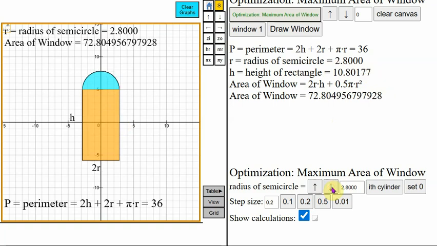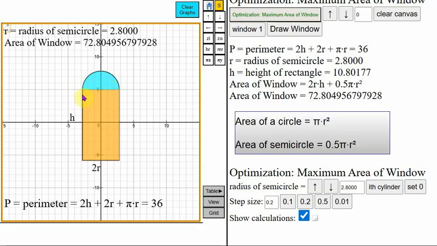Now let's change the radius. When the radius is 2.8, then the height is 10.8, and then the area of the Norman window is 72.8. Notice that the area is just the area of the rectangle plus the area of the semicircle.